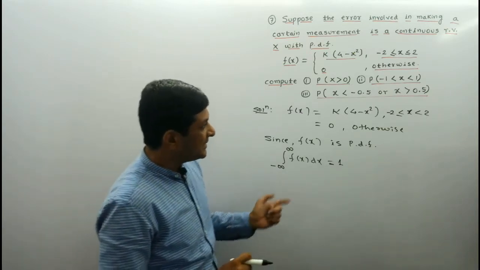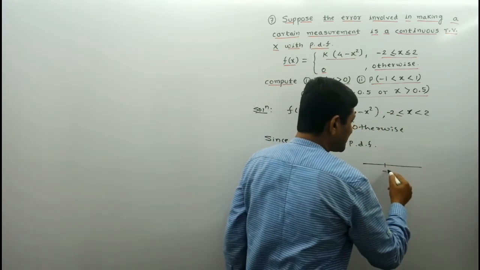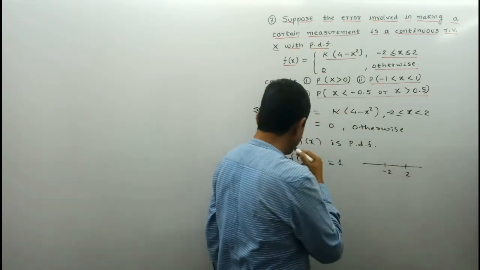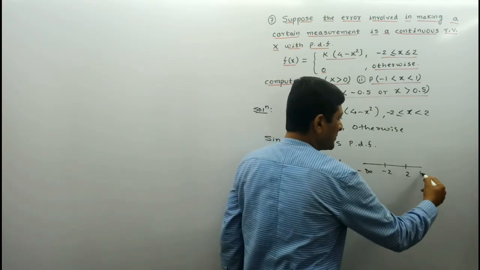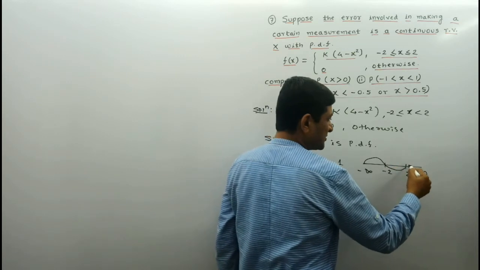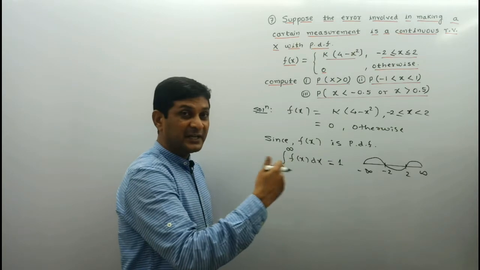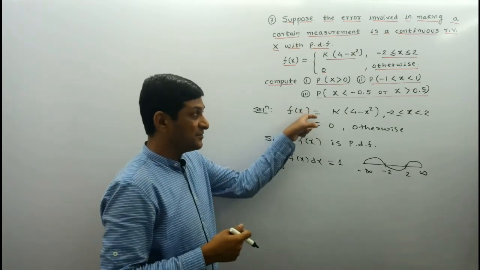Now here this is the value of f of x if x lies between minus 2 and plus 2. But our interval is from minus infinity to plus infinity, so we have to split it into three parts: the first part, the second part, and the third part, because in different intervals the values are different according to the given condition.